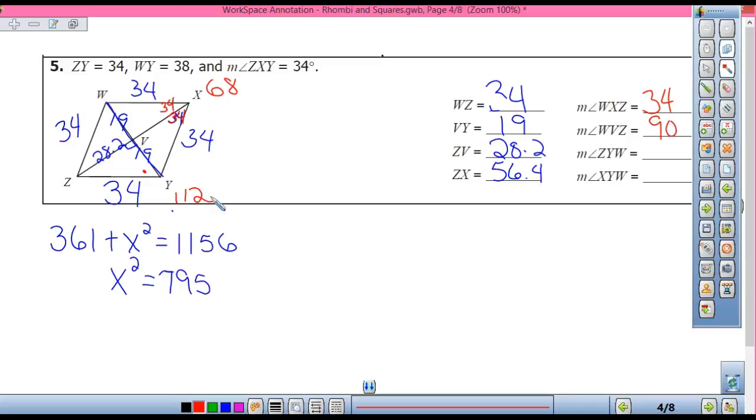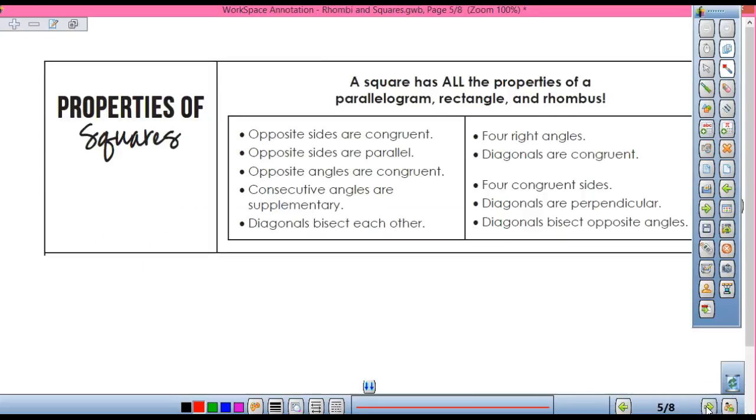So both of those guys have to be 56, because diagonals bisect the angles. X, Y, W, same thing, right? Because diagonals bisect the angles. Woo! Alright, squares.